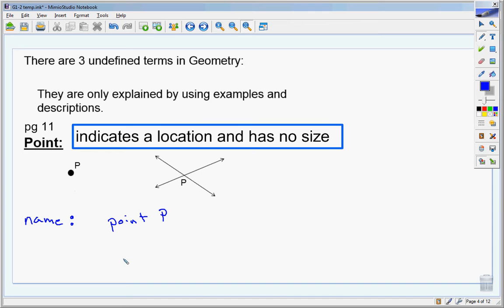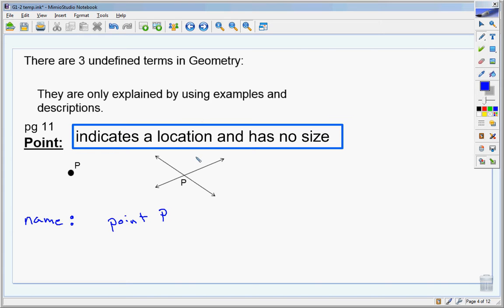If you're one of those people that sometimes uses capital letters and sometimes uses lowercase letters, we have to break that habit in geometry. If they're using a capital letter, you need to make sure that you're also using a capital letter. If they've asked you to label a point, you need to make sure that you're labeling it with a capital letter.